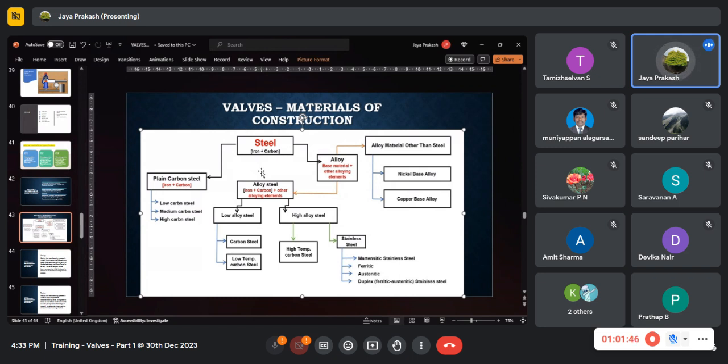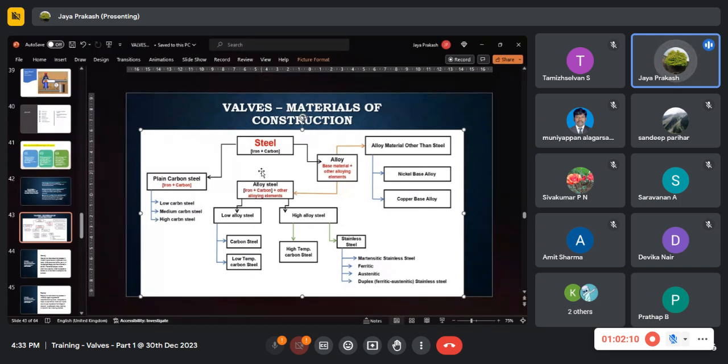Depending on the carbon percentage, we classify the carbon steel. Low carbon steel is up to 0.3%, and up to 0.6% we call it medium carbon steel.